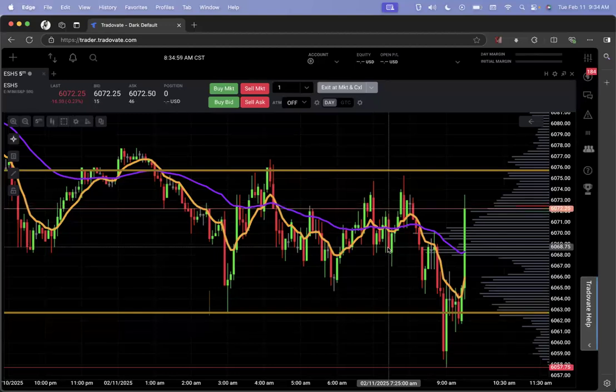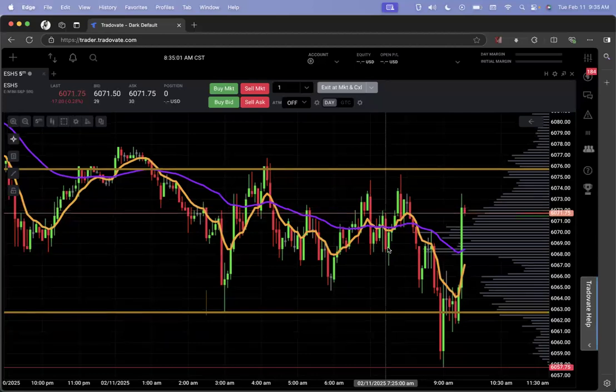Do we create new highs? Let's see. Next candle. Here we go. We're going low. Now, does this candle ever get us above 60.74? That's the question. This is really good risk to reward right here. To take a sell, have your stop loss at 60.74.